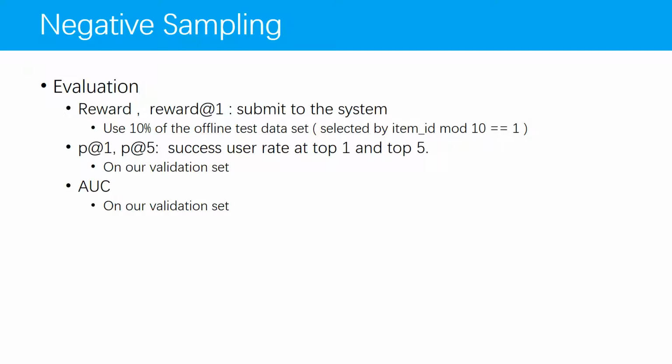We also construct our local validation sets, and the other 3 metrics are evaluated on our local validation sets. P@1 and P@5 are the success user rates at top 1 and top 5 predictions, and AUC is commonly used for CTR prediction tasks.